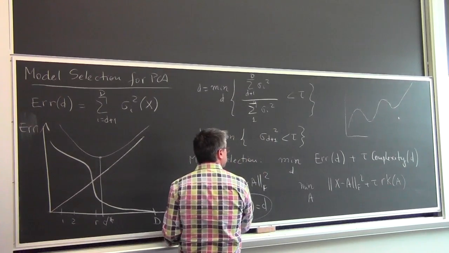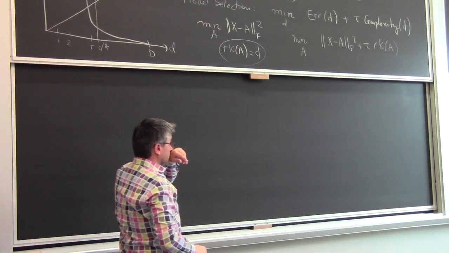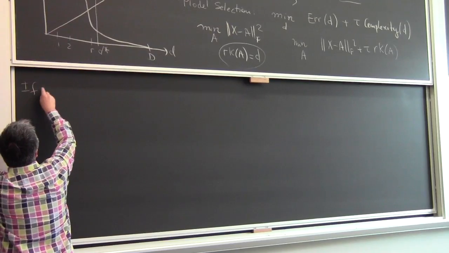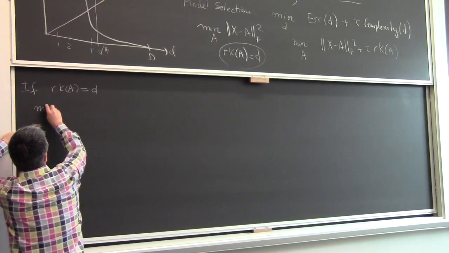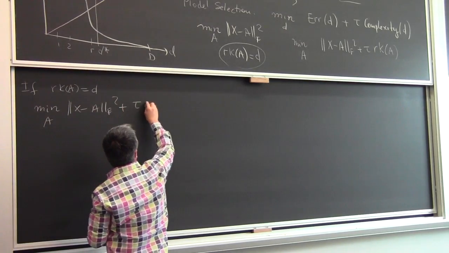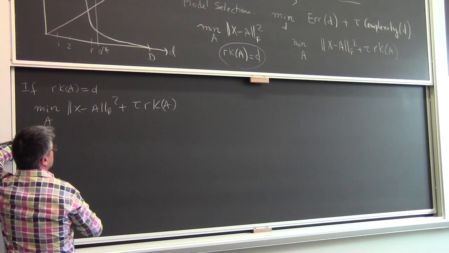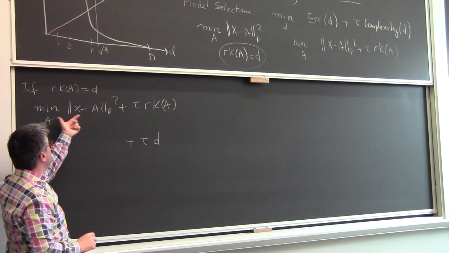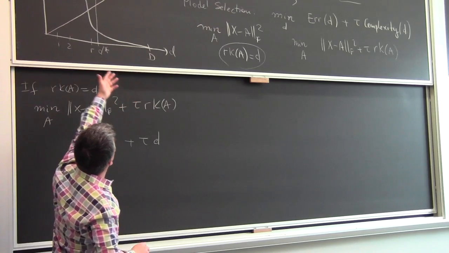So we've seen already that if the rank of A is exactly equal to D, then that objective, which is minimized with respect to A, X minus A Frobenius squared plus tau rank of A, exactly what I just wrote, I'm just repeating it, is equivalent to, if I now fix the rank to be D, tau times D. And now, the minimum value for this first term, when the rank is fixed to be D, is what I already know from the previous lecture.